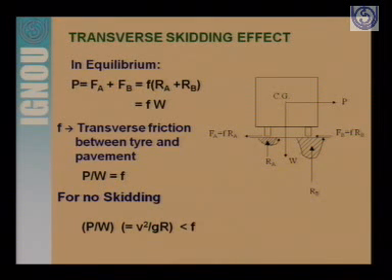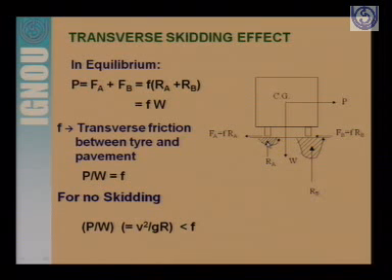Second effect was transverse skidding of the vehicle because of this centrifugal force. So here let us see what the mathematics of highway design says. P still is there. Now to counteract this P, we have the friction force that is developed between the road and the wheels, the tire.